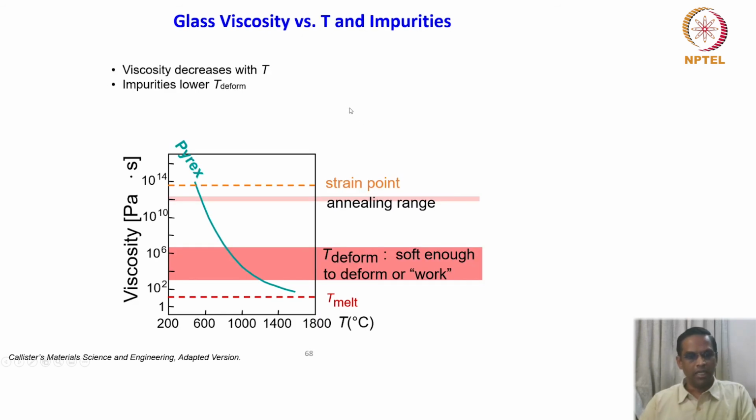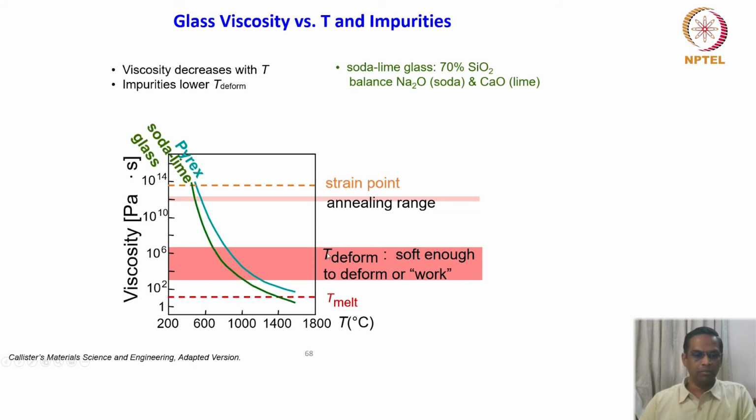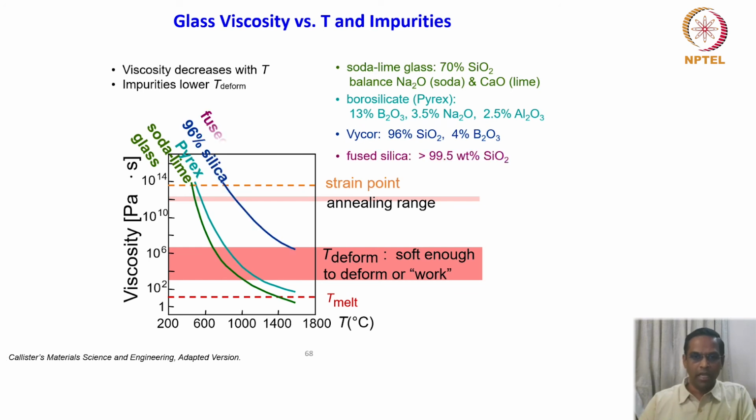So how does viscosity decrease with temperature? This is shown in these plots, because as long as the material is not in the viscous form, you cannot work the material or even deform it. Some examples of different types of silicates, glass, and soda lime are given, and the red region shows the temperature range under which the material exhibits softness, at least soft enough to deform or work.